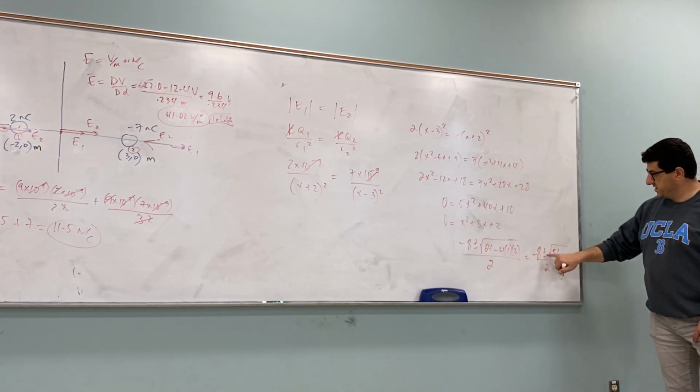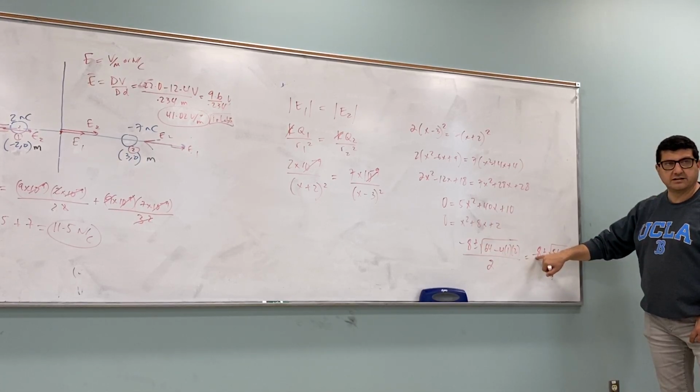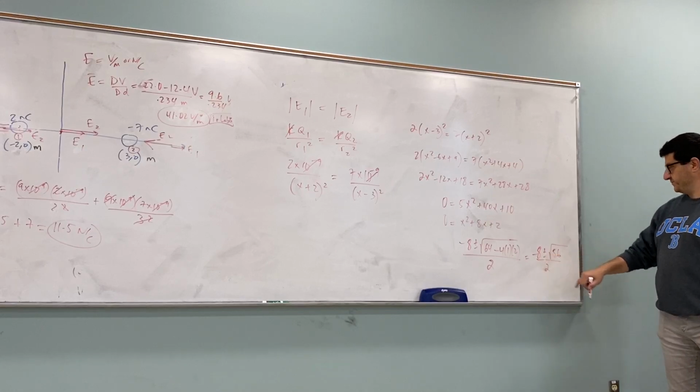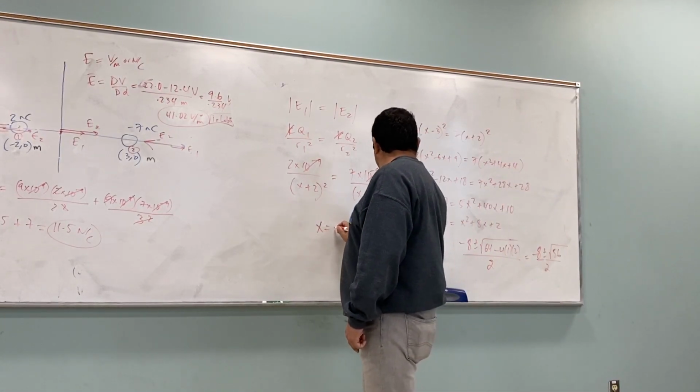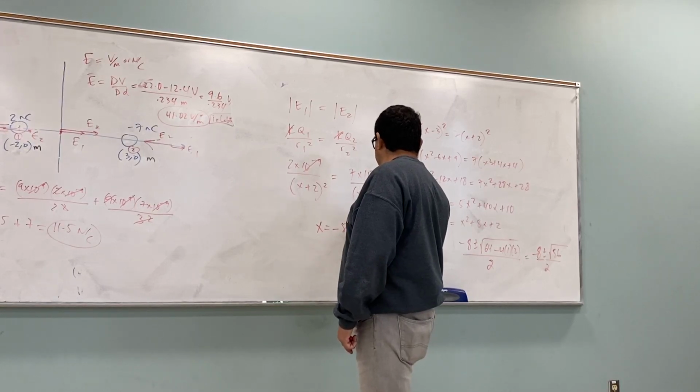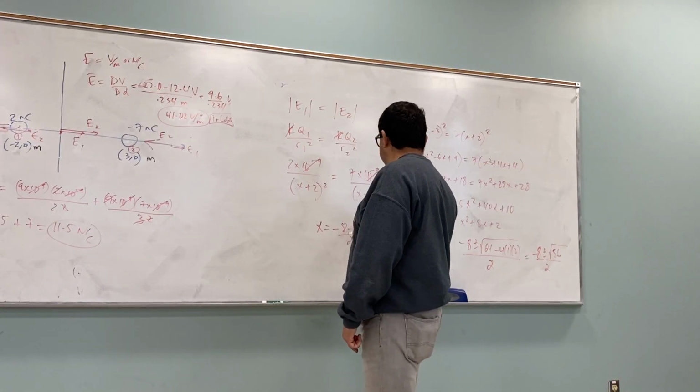The other answer, if you do square root of 56 minus 8, doesn't give me the answer I want. I want the negative one option. So x equals negative 8 minus square root of 56 over 2.